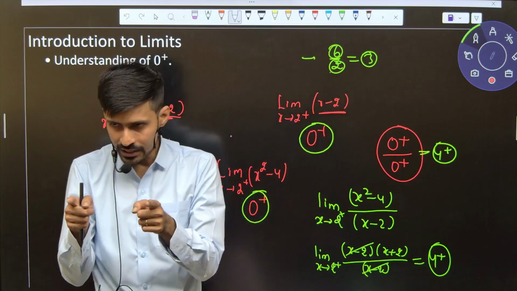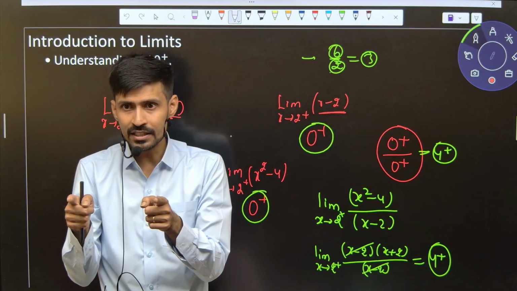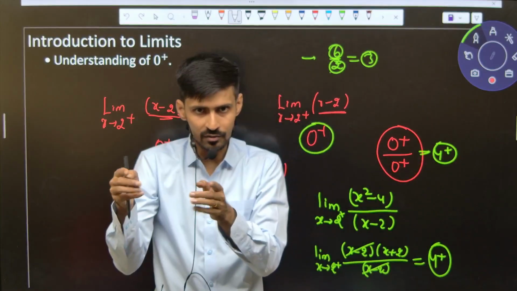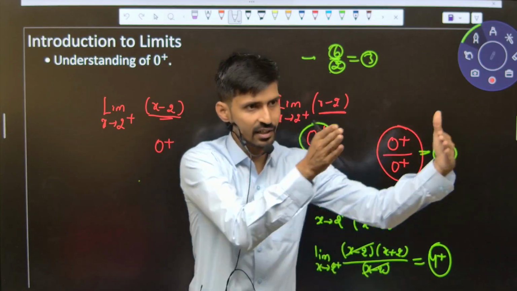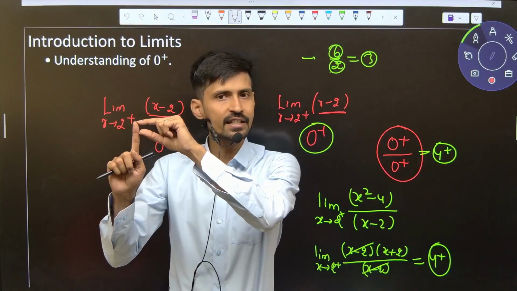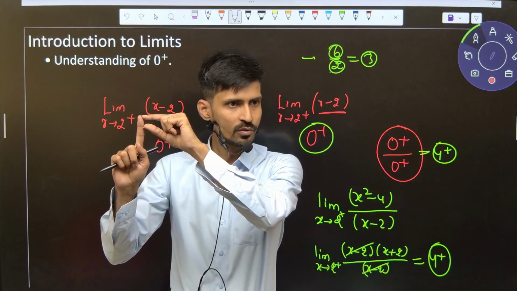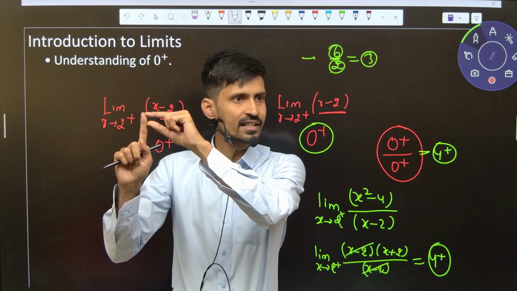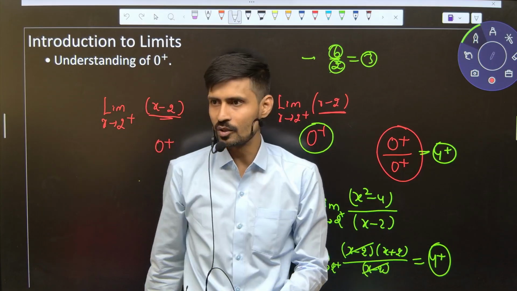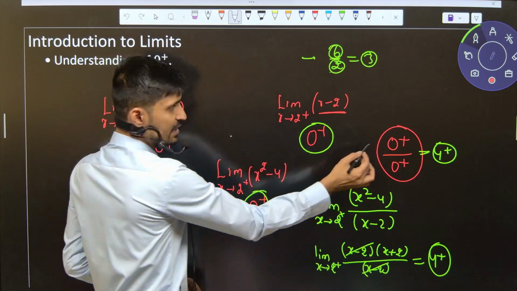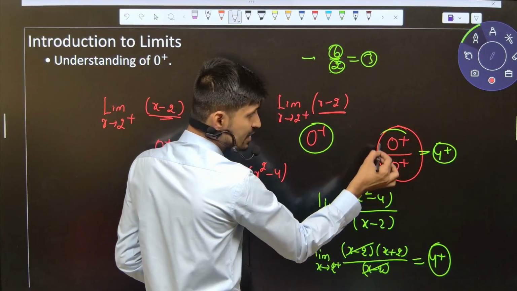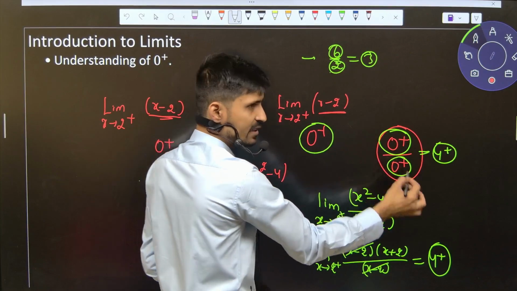It means 2 is this much, then what will be 6? 3 parts: 1 part this, again 1 part that, and again 1 part that. Yes, na? So if this part is representing 2, what will represent 6? This, and this. 3 times of that. Yes or no? Now understand here. This 0 plus by this 0 plus is 4 plus. What does it mean? This 0 plus is 4 times greater than this 0 plus.